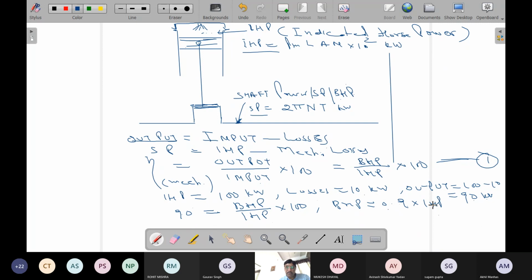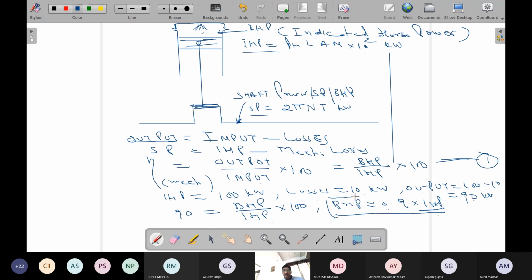If 90% is given, to get BHP we multiply IHP by 0.9, and BHP will come, correct? That is one way of giving the data in the numerical. Up to here there is no dispute, no misunderstanding, correct?